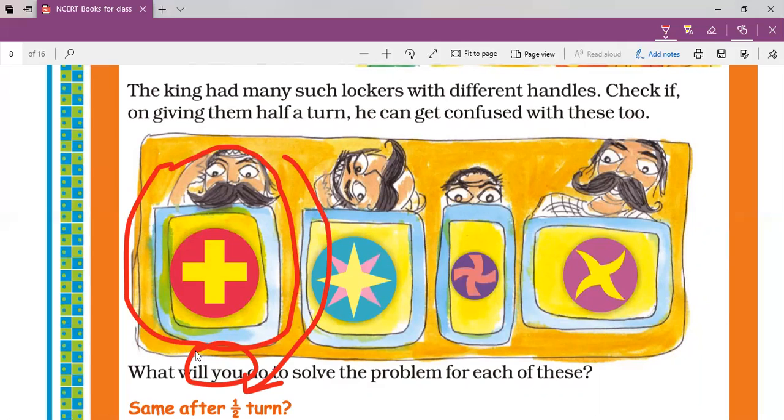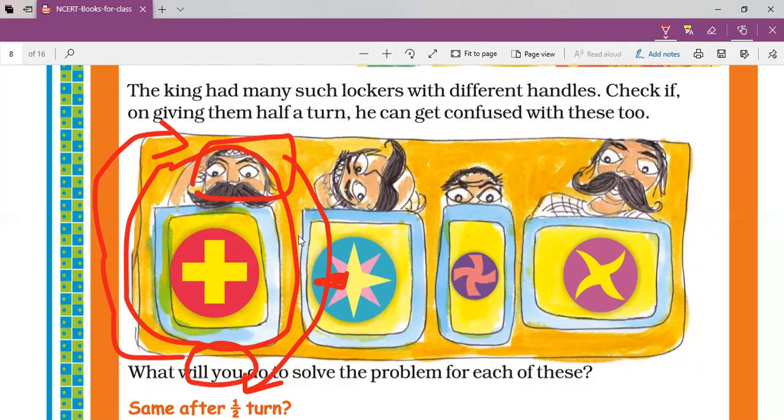That means the locker is open. Again, when we give a half turn, the head will come up. Again it will be back on its place. That means the locker is locked. Understood? Or we can mark one part. We can color one part or give a dot.